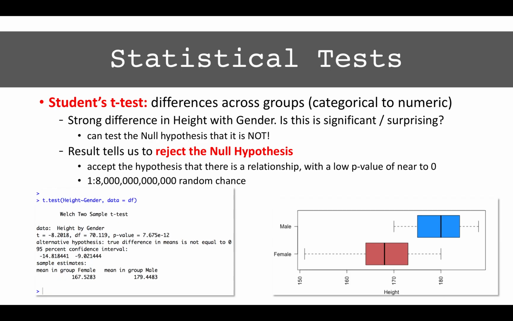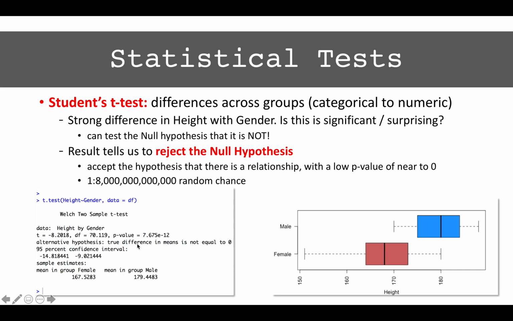For the student's t-tests, we're examining differences across groups, and here we can look at height with gender. Now, we can see there are obvious differences. Are these differences significant? Are they statistically surprising? We can test the null hypothesis that they're not. Now we use the t.test function, we put in the data and the relationship, and it tells us what the means are for the 2 groups.